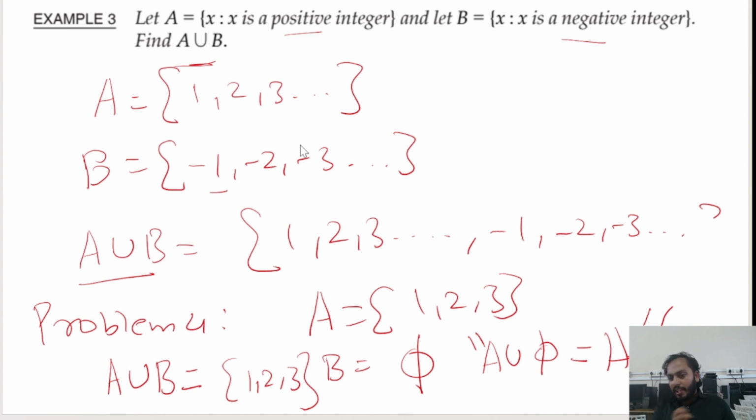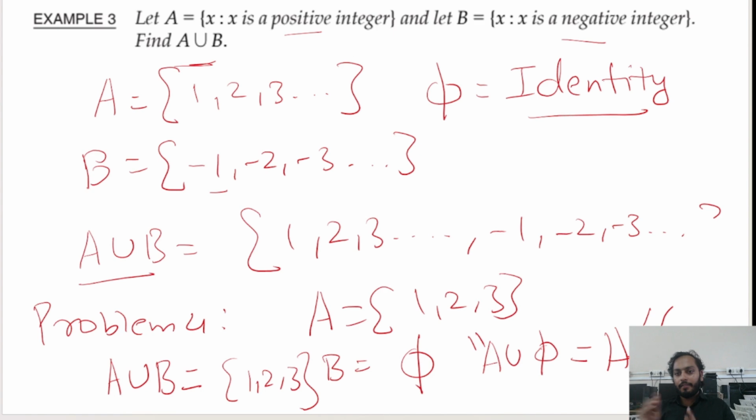Are you seeing that phi has the same property? Phi takes union with any set, but it will not change the set. So in some books they may call phi an identity, because phi will be involved in the union but will not change anything, anytime. That's the meaning of this set.